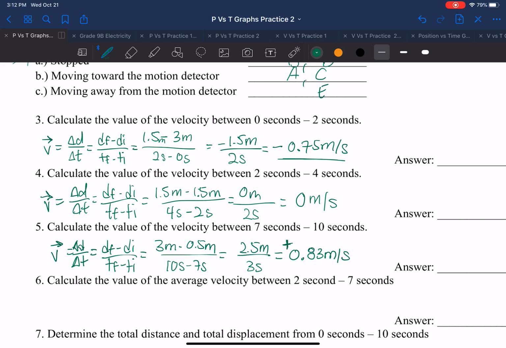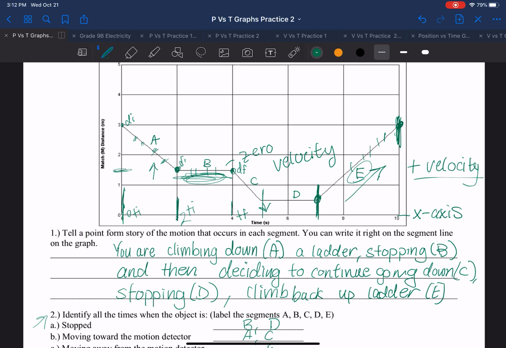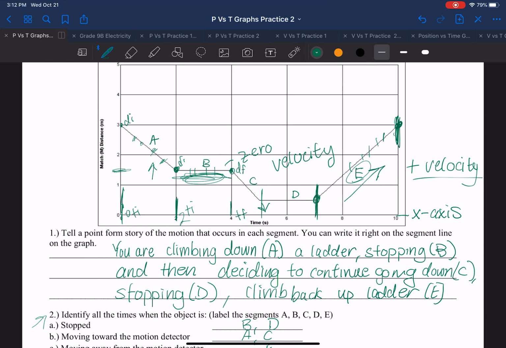And notice how this velocity, 0.83, is larger than 0.75 if you're ignoring the signs. Looking back at the steepness of E compared to A, E is steeper, therefore that larger number makes sense. And the positive 0.83 value makes sense because this line is moving away from the x-axis, therefore our velocity should be positive.